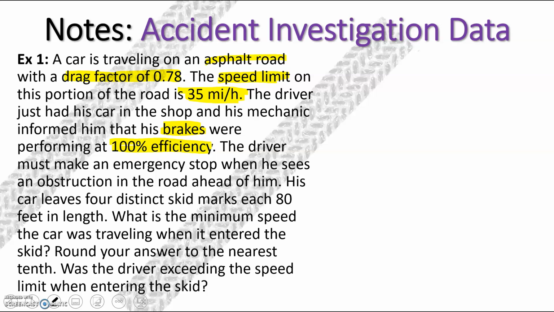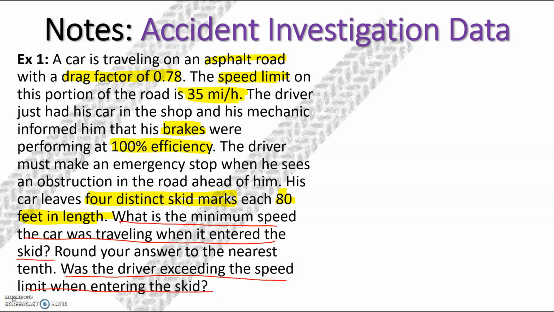The driver must make an emergency stop when he sees an obstruction in the road ahead of him. His car leaves 4 distinct skid marks, each 80 feet in length. What is the minimum speed the car was traveling when it entered the skid? Round your answer to the nearest tenth. And then, was the driver exceeding the speed limit when entering the skid?